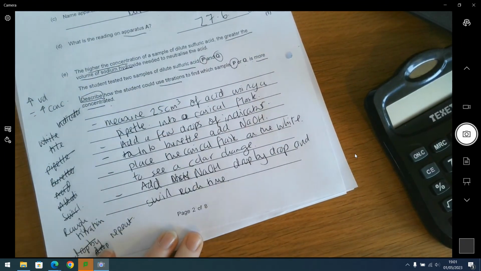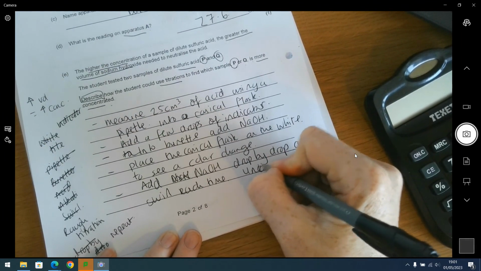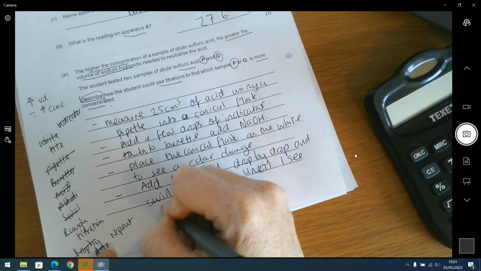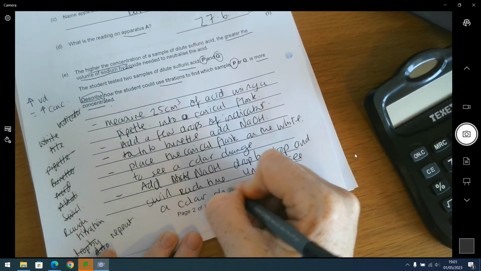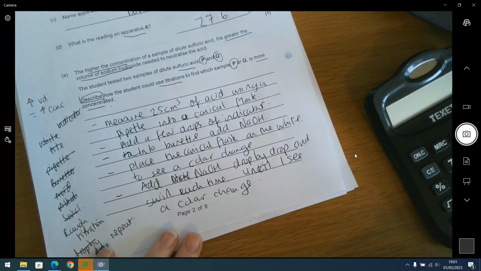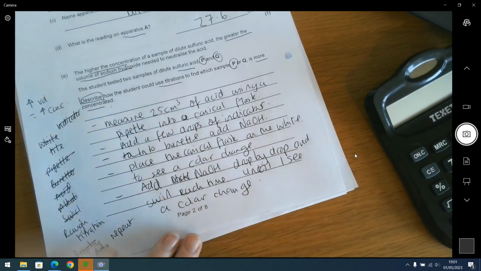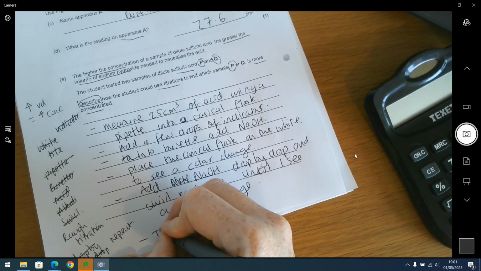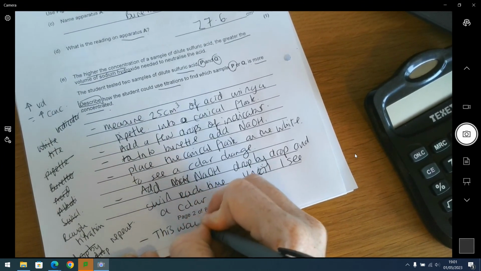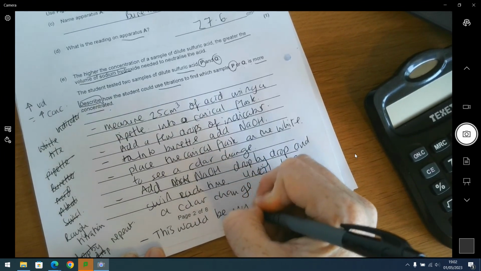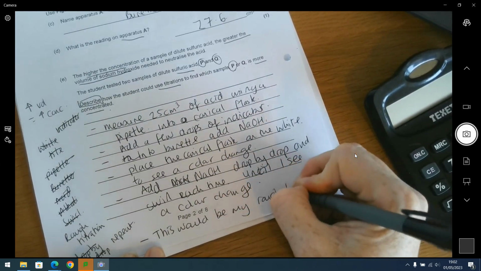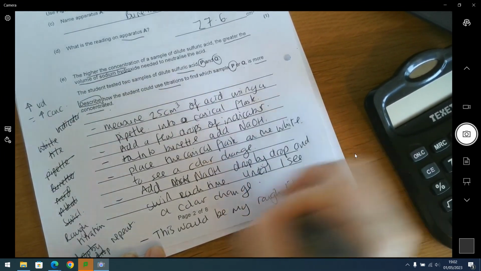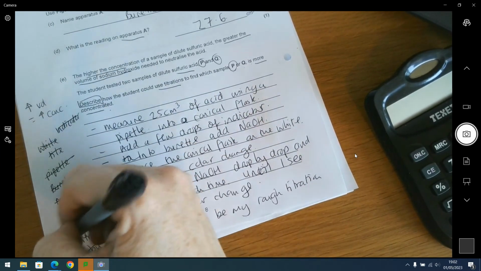So there's my swirl, until I see a colour change. This is a rough titration. This would be my first, rough titration, so there's rough titration off the list.